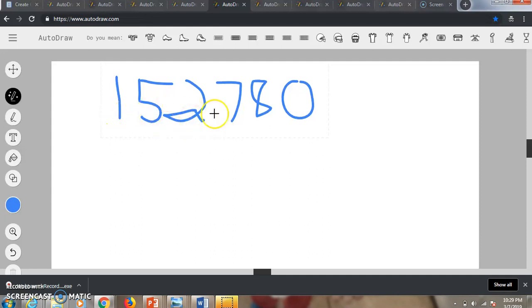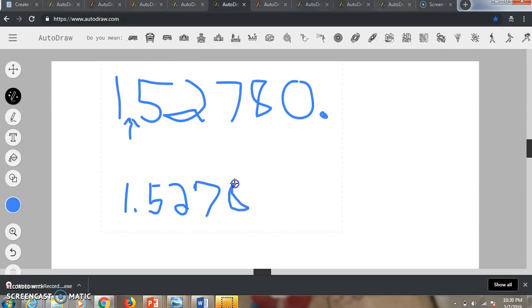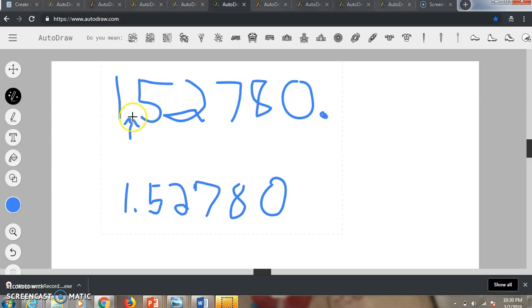Next one, this number is greater than 1. Remember the decimal would be here. You're going to want to place it here for scientific notation between the 1 and the 5. So it's going to be 1.5, 2, 7, 8, and 0, and you're going to take it back to its original spot in standard form.